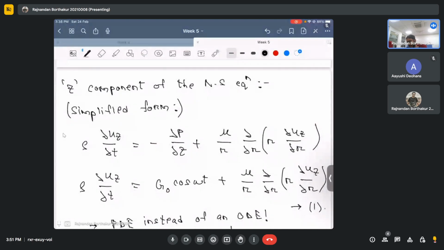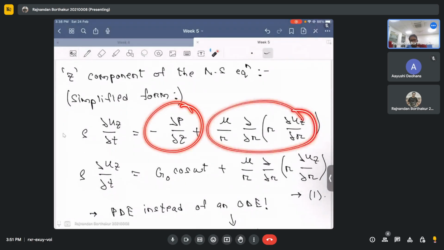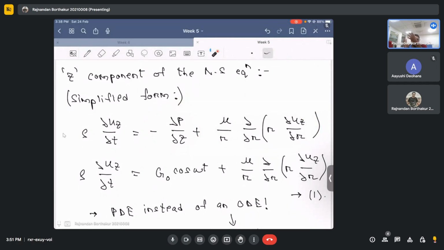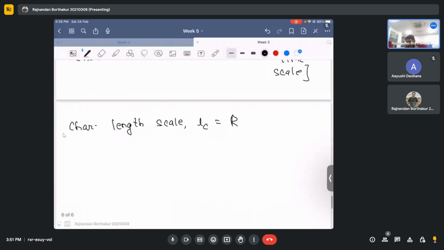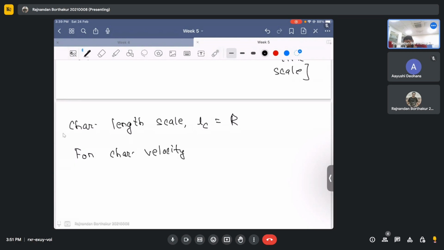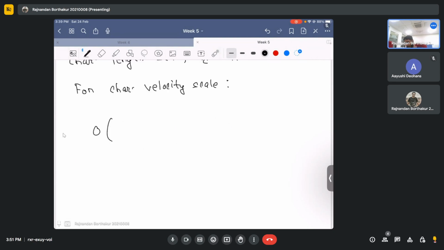So what I would do is compare this term with this term, again because the pressure gradient is essentially driving the flow. For the characteristic velocity scale, the order of minus dp by dz is of the same order as this term, mu by r del r of r times del uz by del r.